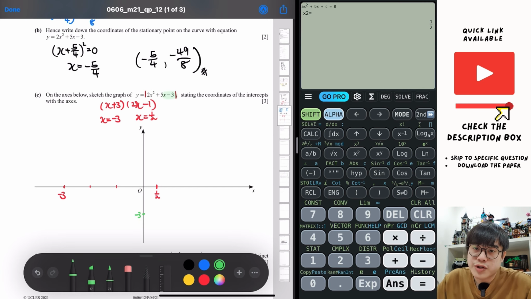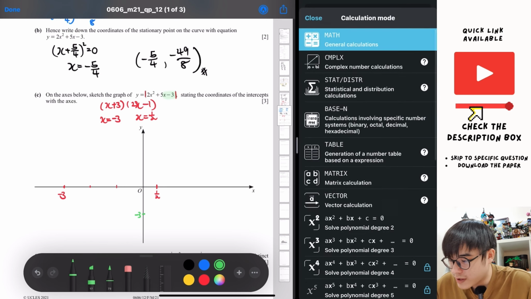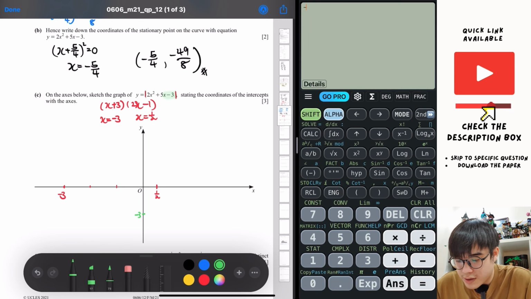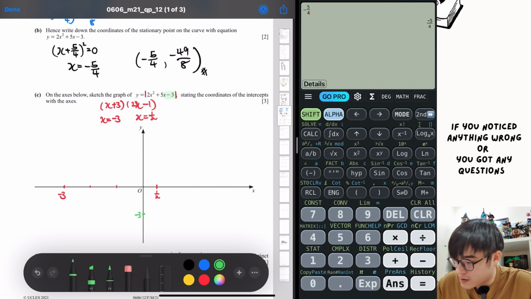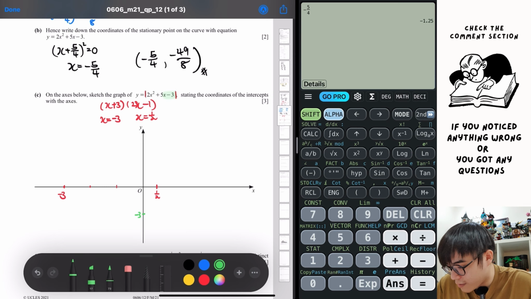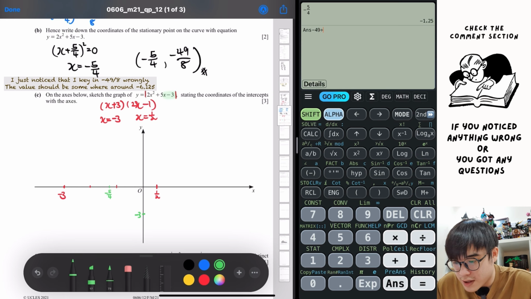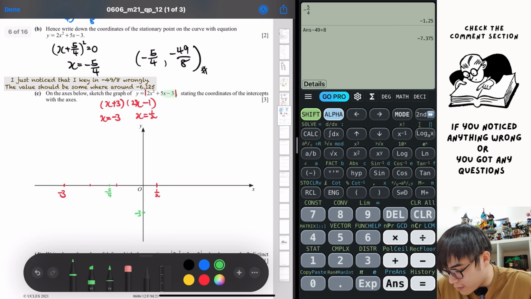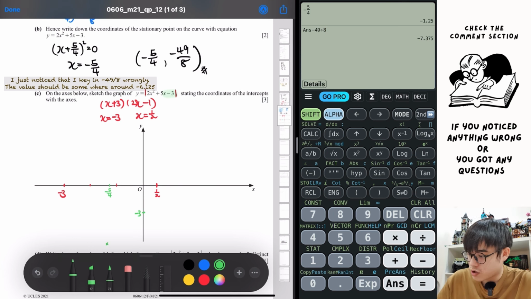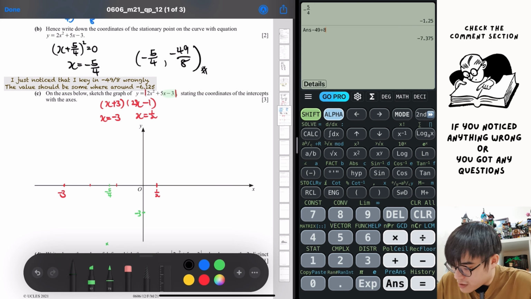You can actually use your turning point here because your -5/4 is actually -1.25, so maybe it's somewhere around here. Okay, this is your -5/4, and our -49/8 is actually 7 point something. So it could be located somewhere around here for the turning point. Okay, so with this, you can now roughly sketch it out. It might look something like this.